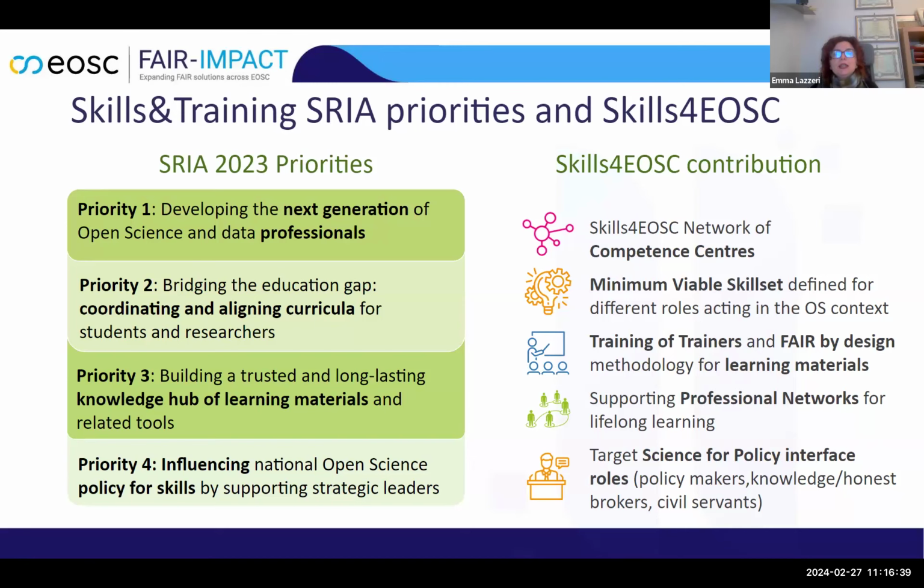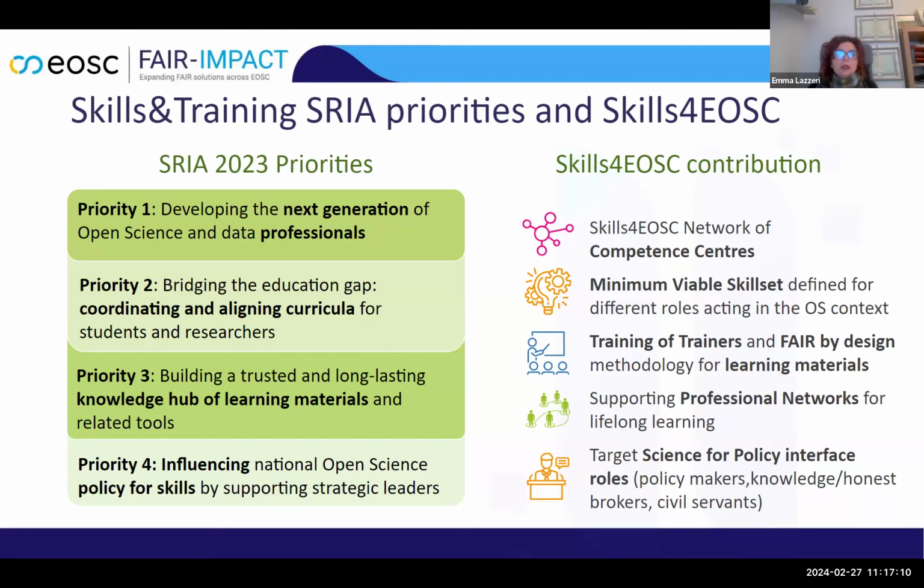The major ones will be the creation of the Skills for EOSC network of competence centers, the definition of a minimum viable skill set for different roles acting in the open science context, the training of trainers and the FAIR by design methodology for learning material that are starting now in March this year, and supporting professional networks for lifelong learning.